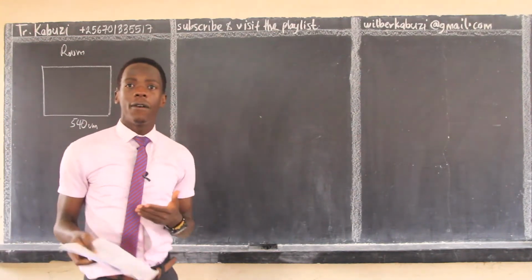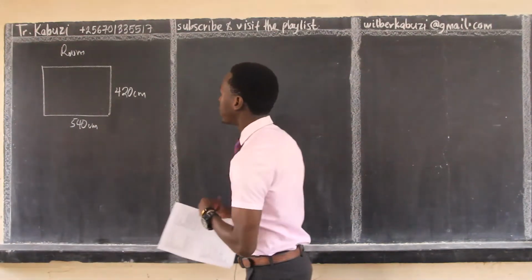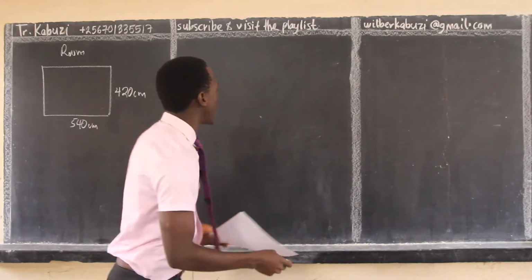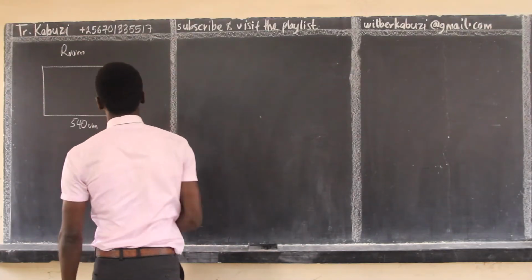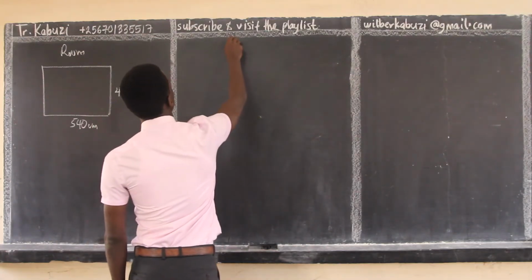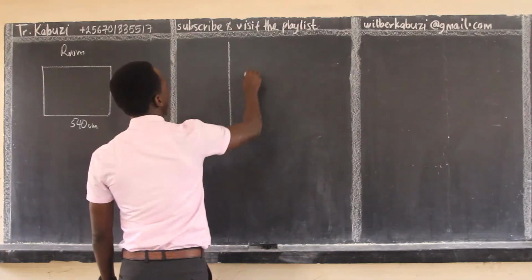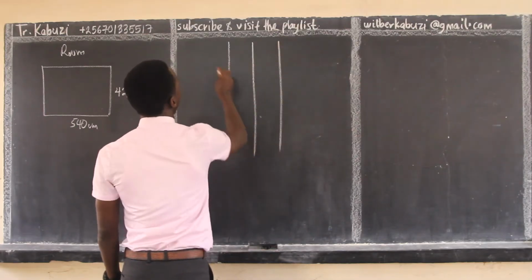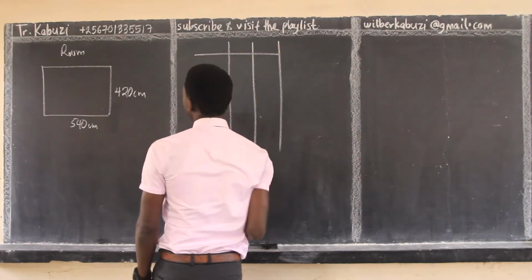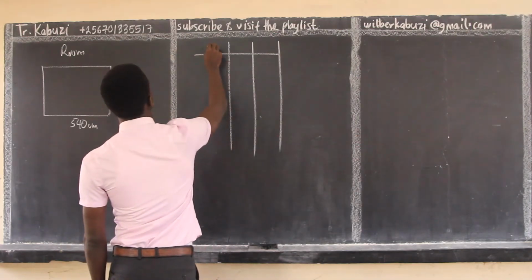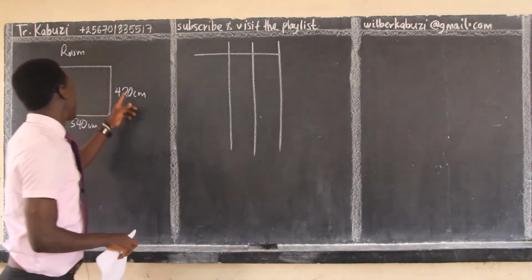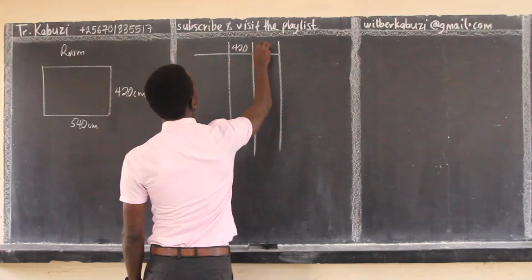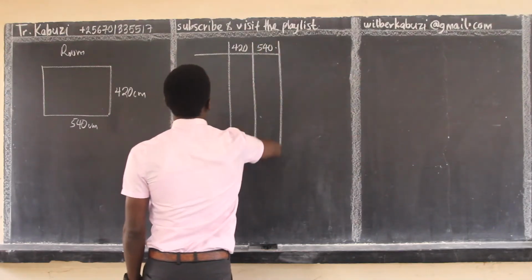That one is calling for the application of the HCF of this and this. They're the ones that are going to fit in here. Remember how we get the HCF for these. You can say 420, then 540.